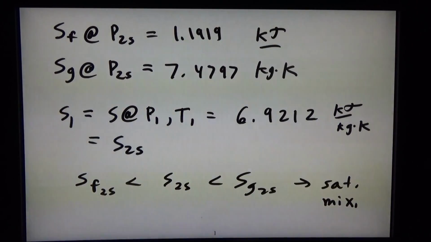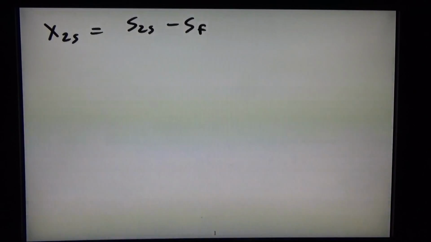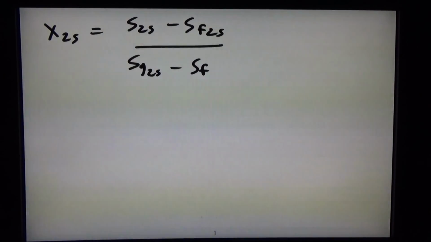For a saturated mixture, the very next thing that we always do is calculate quality: S minus SF over SG minus SF.